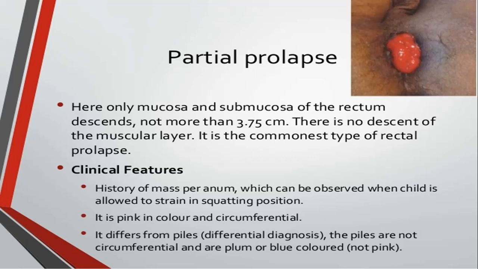It would be pink in color because the mucosa and submucosa are pinkish, and it involves the whole circumference, as opposed to hemorrhoids. Hemorrhoids project radially from the anal area, while the mucosa in prolapse comes out directly in a pinkish color. So you can differentiate it from piles. The piles are not circumferential, and they are not pinkish.